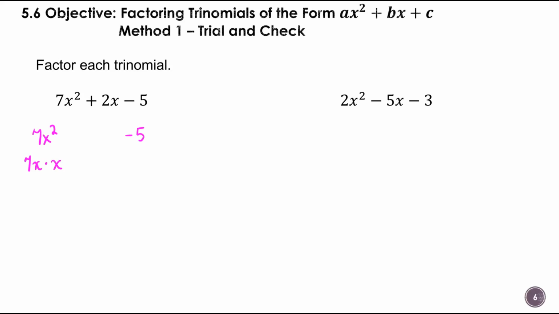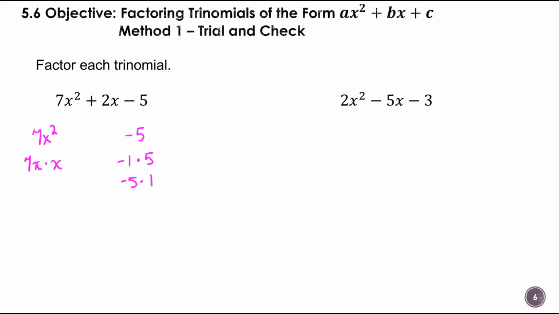And on the -5, we actually have two possibilities because it has to do with signs, right? 5 is a prime number, but we could have a -1 times +5, or we could have a -5 times +1. So we may have to work with both of those depending on how it's placed in the binomials.